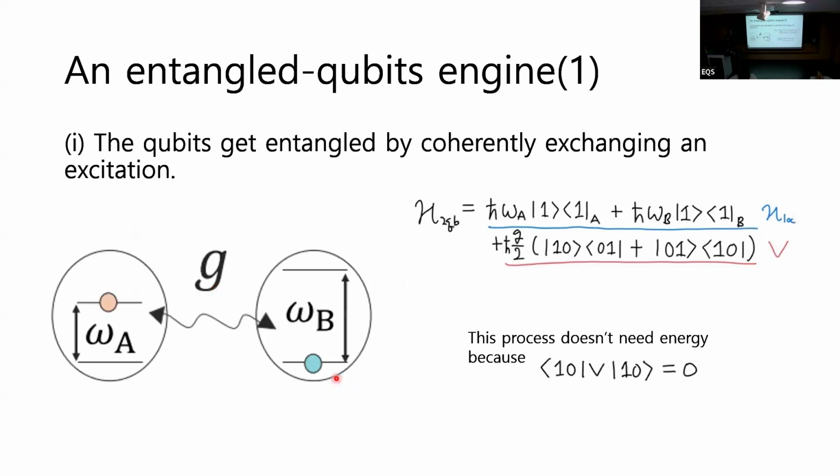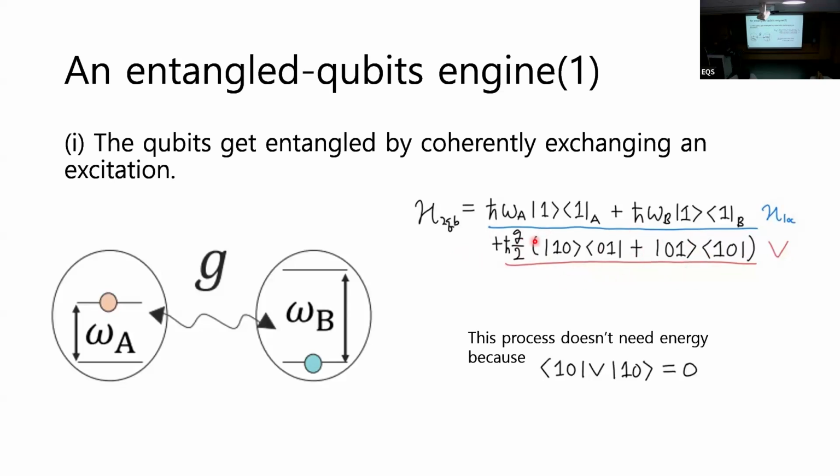Then, the engine. The qubits get entangled by coherently exchanging an excitation, by adding this term to the Hamiltonian. We call it V, like potential. The original term is H_loc, where loc means local, whether excited or not, and V is the interaction potential.